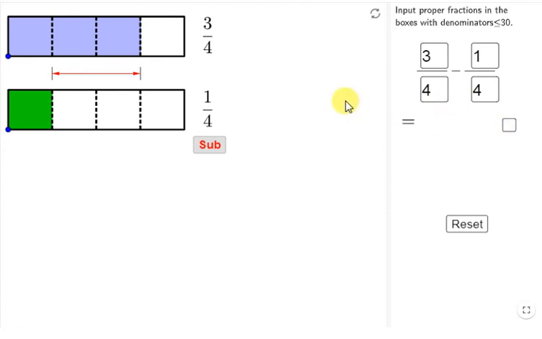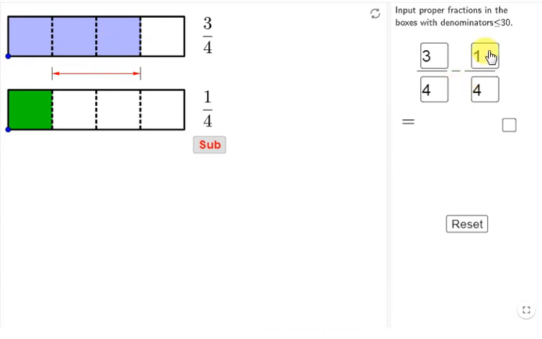For example, if we want to subtract 1/4 from 3/4, what does it mean? The first thing that should appear in your mind is the visual representation of these fractions. 3/4 means you have divided the whole into 4 equal parts and shaded 3 of them.